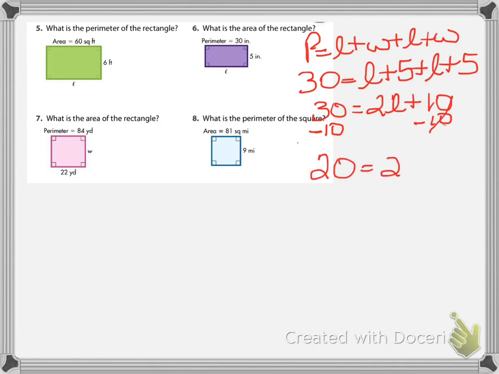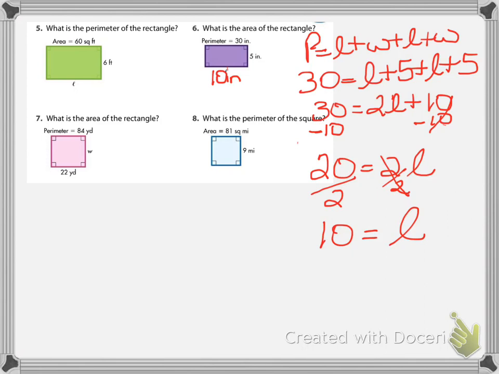And that equals 2L. And 2L is just like dividing by 2, which cancels it out, and divide by 2. 20 divided by 2 equals, excellent, 10. So the length is 10. And again, if I added 10 plus 5 plus 10 plus 5, that would equal 30.